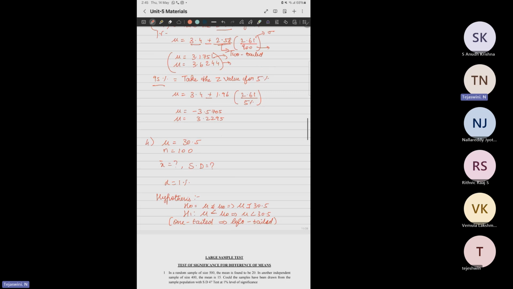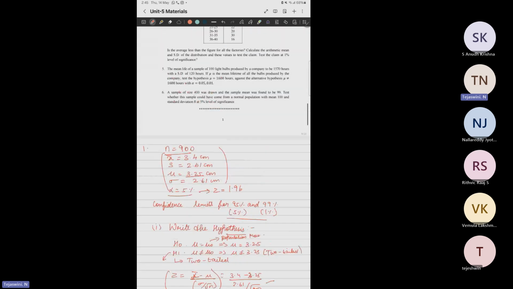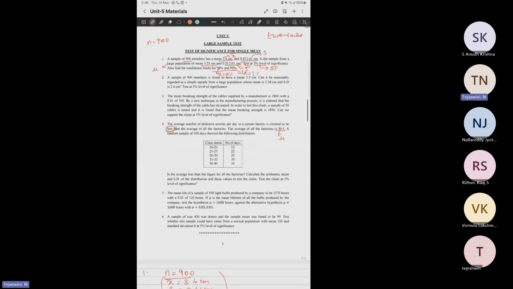So here, as we can see, we have the keyword less. So less means one tail. And it depends on which we are choosing to be mu and which we are choosing to be mu naught.